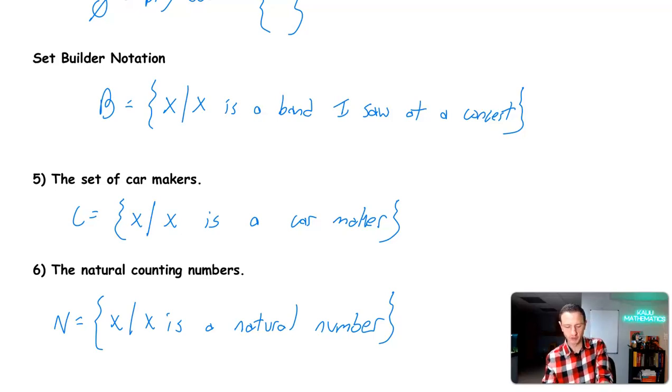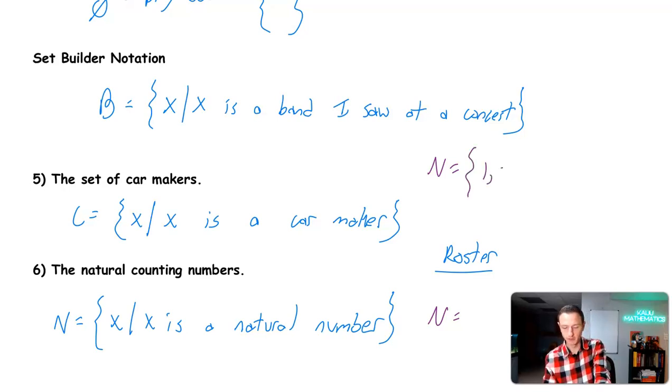I want to do this one also with the roster method because the types of numbers, like counting numbers, natural numbers, integers, rational numbers, those are really common sets that you want to make sure you know how to read in both set builder notation and the roster method. So looking at the roster method for the natural numbers, natural numbers start at 1.